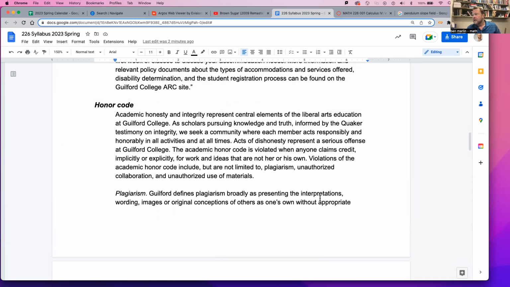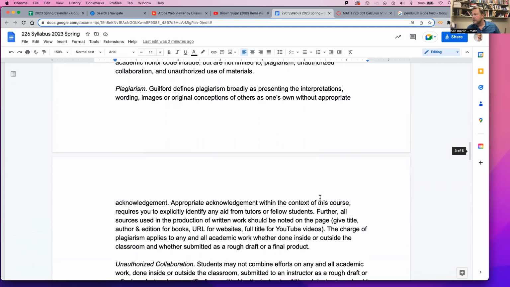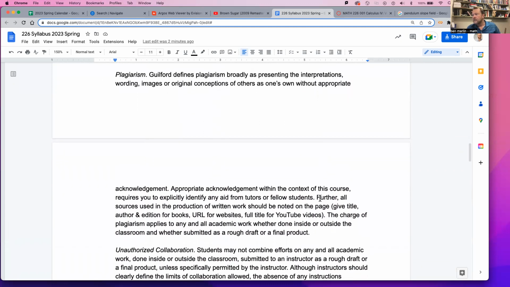Okay. The honor code, this is a big deal. Do your own work. If you don't do your own work, the consequences are extreme. Doing your own work, and the idea of plagiarism, includes this: if you get a tutor to hold your hand and walk you through homeworks, that's really representing their work as yours.